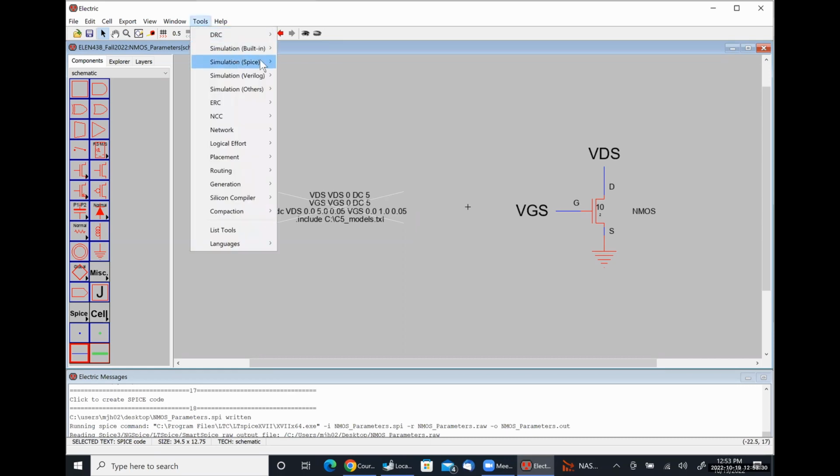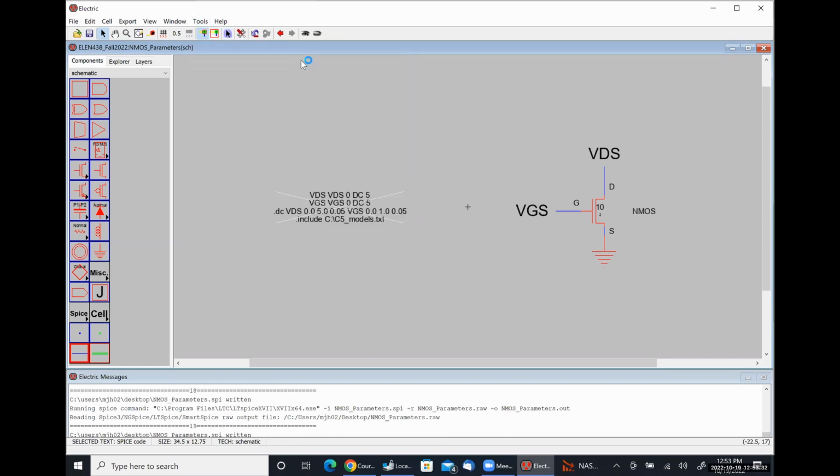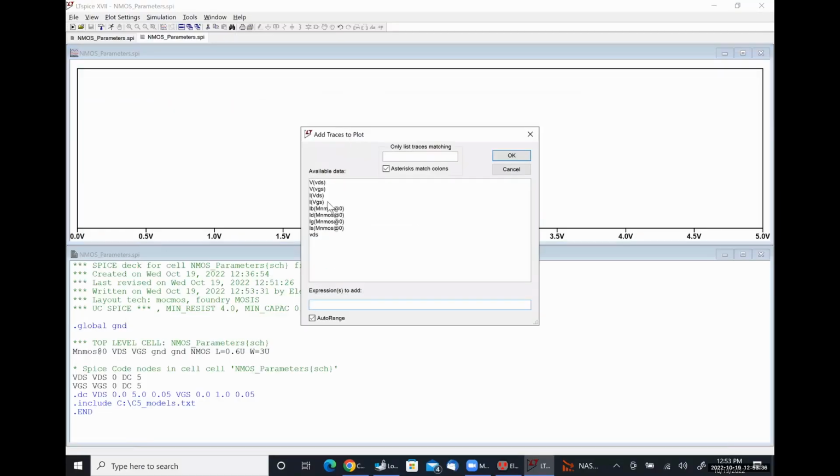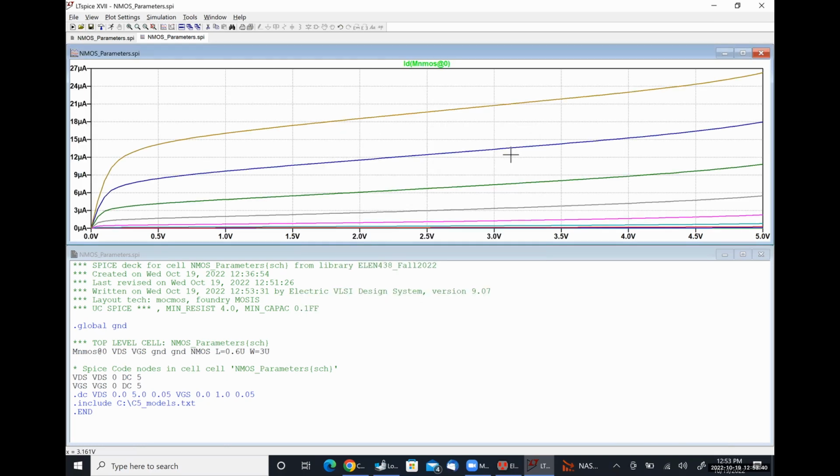All right, so I'm gonna run this again. I'm gonna look at my drain current again. And now we have arguably more reasonable things, right? So this topmost curve corresponds to VGS equal to 1 volt. This would be 0.95, 0.90, 0.85, 0.80.